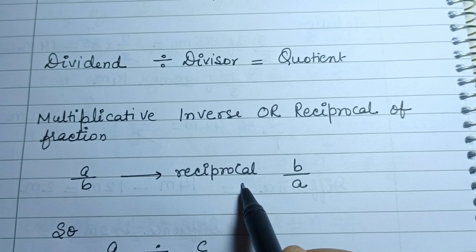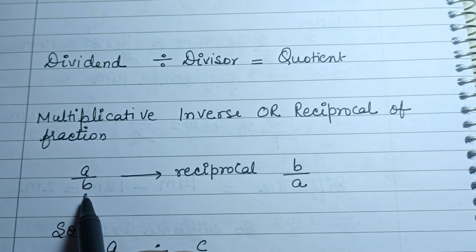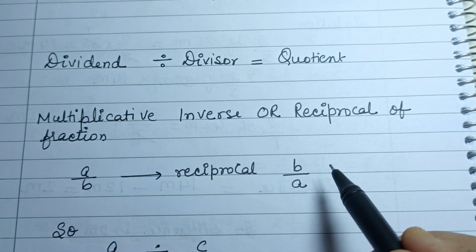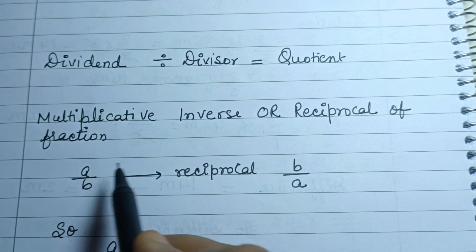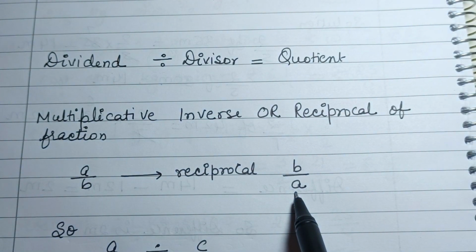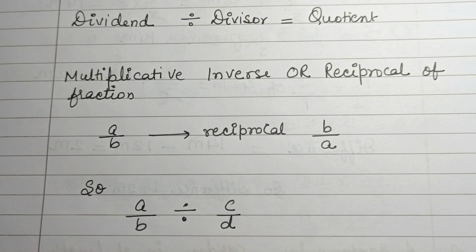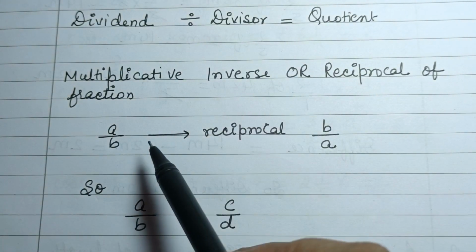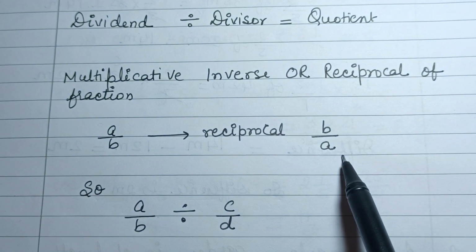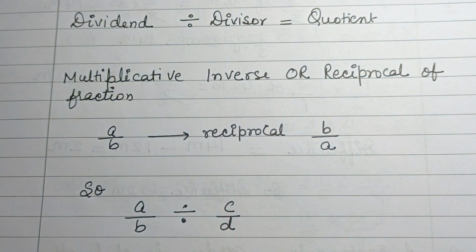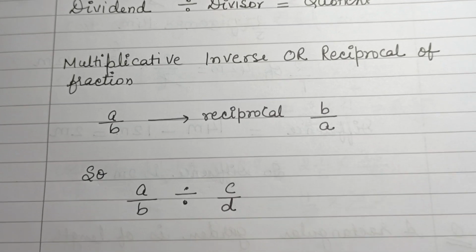When I take the reciprocal of a upon b, this b which was the denominator will become the numerator, and the a which was the numerator will become the denominator. Means you need to just flip it. So after flipping, you are getting reciprocal of a upon b as b upon a. Now what is the use of this concept in division, that we are going to understand.